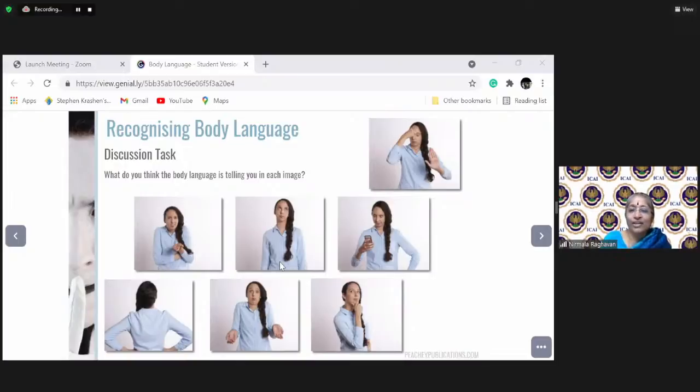Third one is thinking, or it may be even not caring or disinterested. Fourth one, astonishment, surprise, taken by the news that's coming up. Then this one is totally disgusted, turning the back. Then this one is a question of being in shock or surprise. This also sets you thinking. Okay, these are just images for body language.